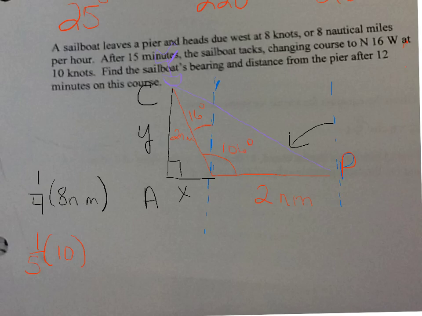So if this is 106 degrees, what is this angle? 74. 180 minus 106, which is 74 degrees.